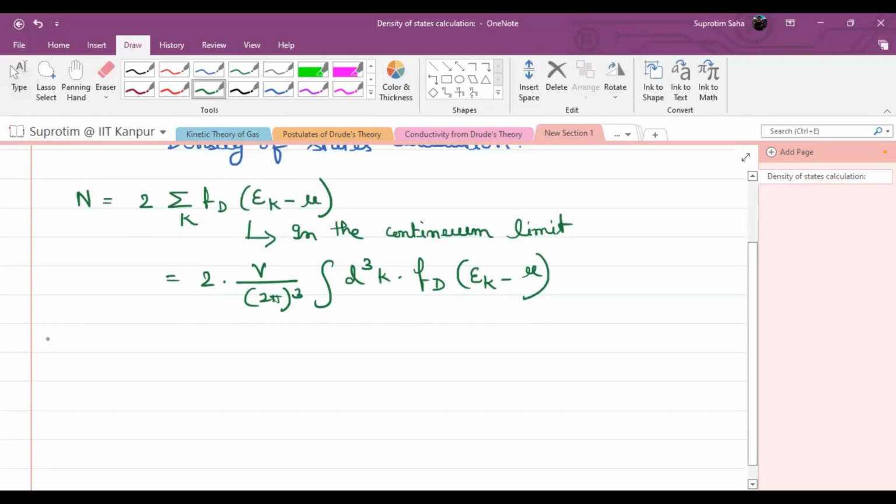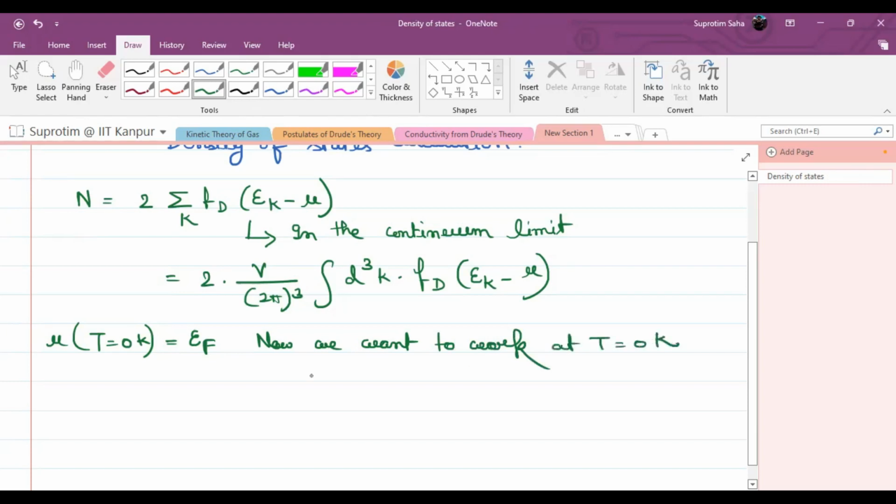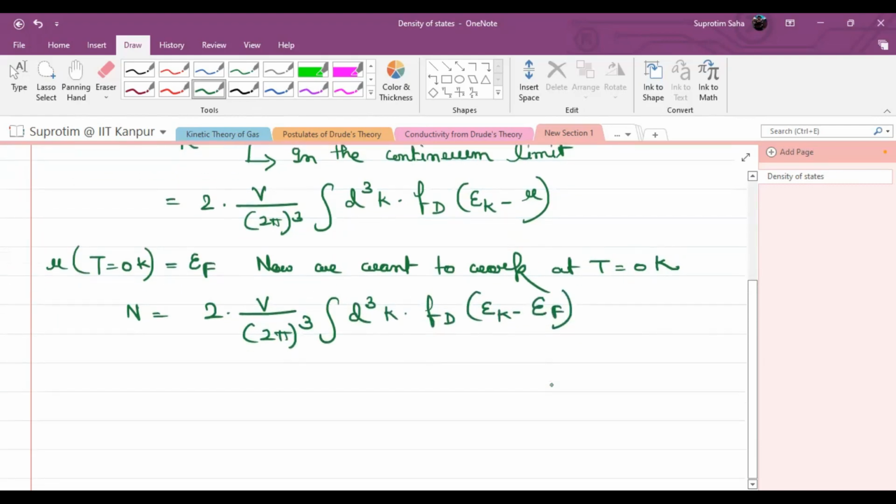So mu at T equals 0 Kelvin is given by the Fermi energy. We want to work at T equals 0 Kelvin. So N is 2 times V over 2 pi whole cubed, d cubed k, times the Fermi Dirac distribution, epsilon k minus epsilon F, which is the Fermi energy.